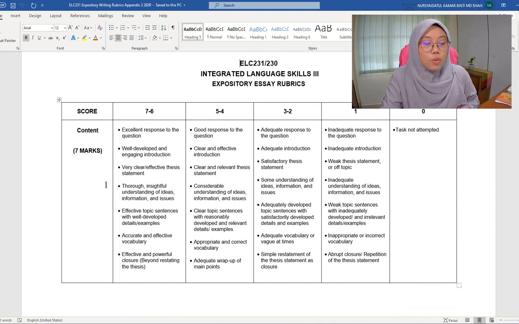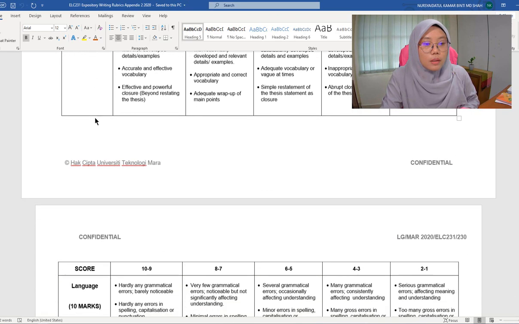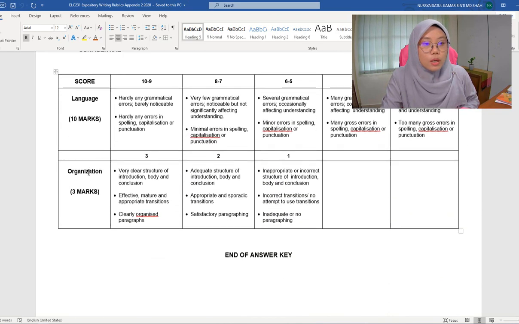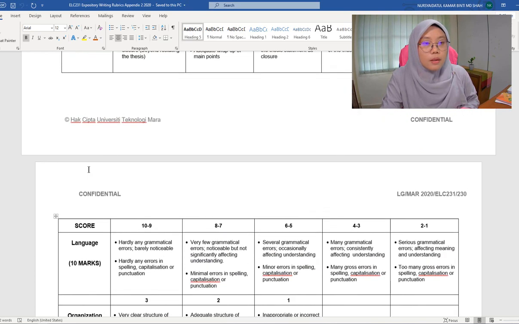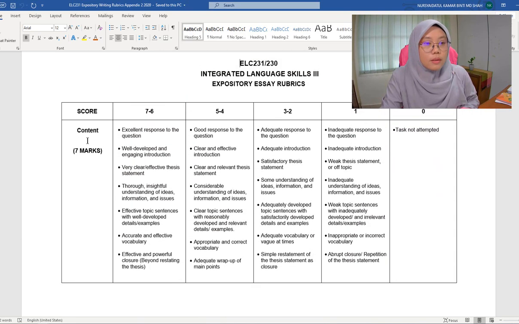Okay, for your essay, you are going to be evaluated based on the content, the language, and the organization. So for content, 7 marks are awarded. You can see here how to score between 7 to 6 marks, and then the last one is 0.